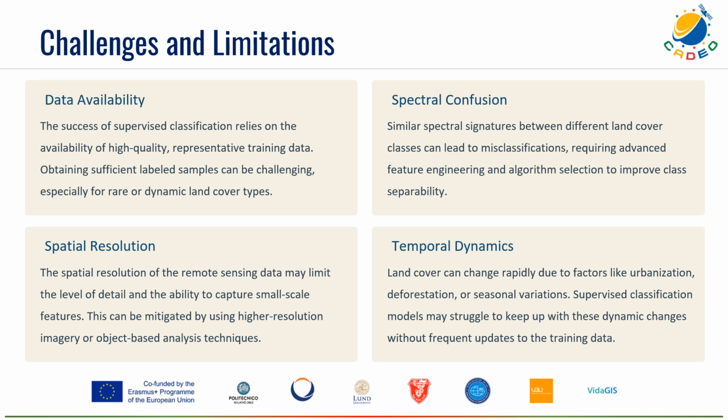Environmental conditions such as weather, soil moisture, or phenological changes, as well as socio-economic factors like urbanization and land management practices, can significantly impact the spectral and spatial characteristics of the target classes, leading to classification errors or inconsistencies over time.